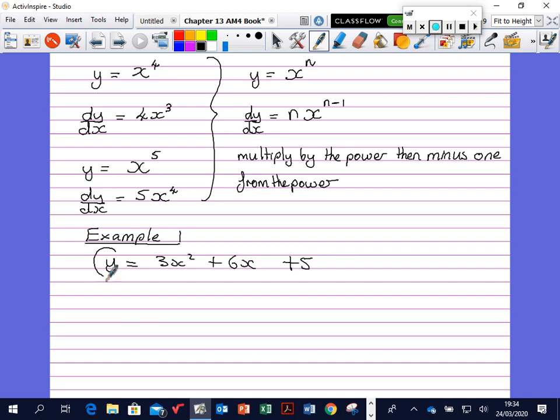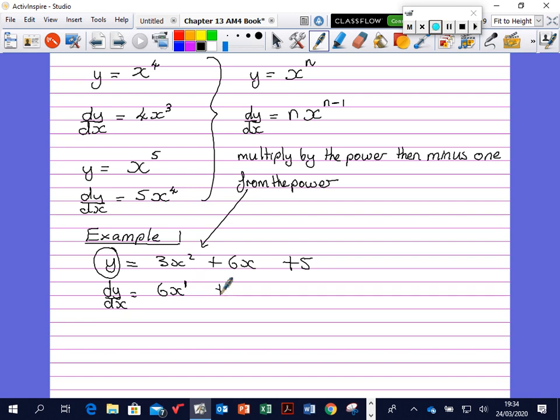When I differentiate the y, I get the coding dy dx. When I differentiate a power of x, according to the rule up here, I have to multiply by the power, so I get 6x, and then I put the power down 1. I minus 1 from the power, and I get a 1.